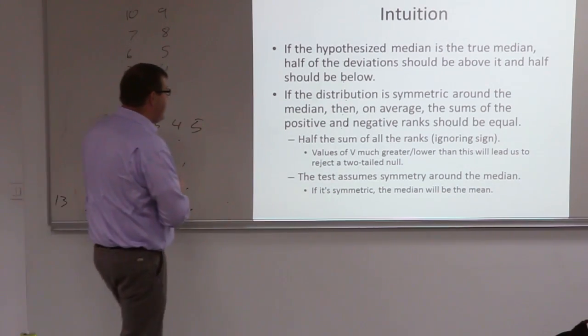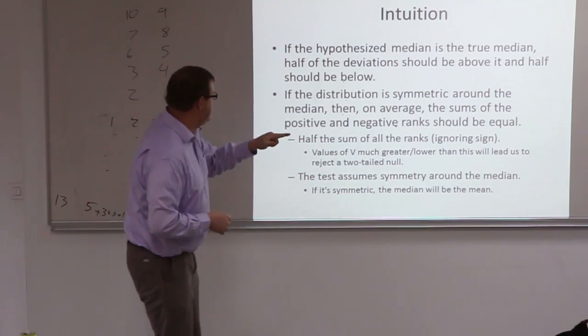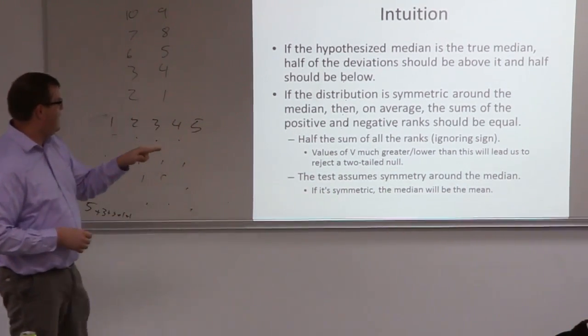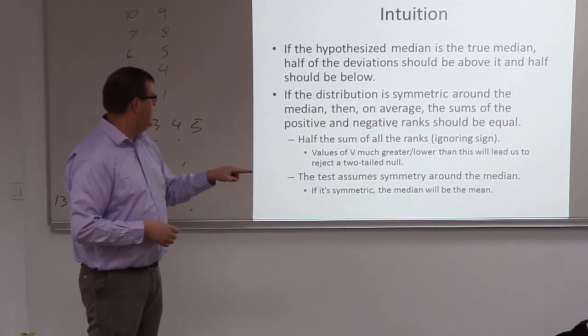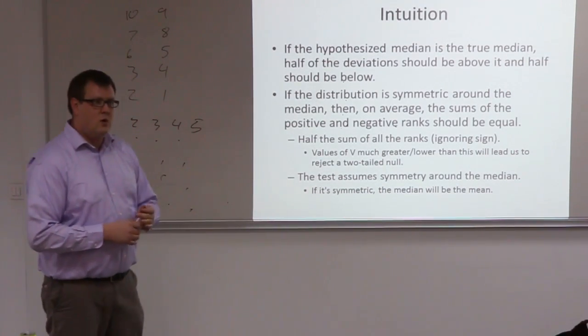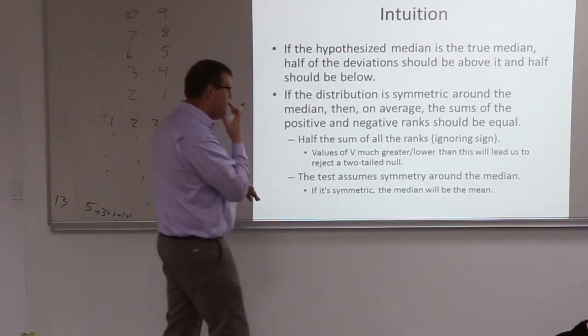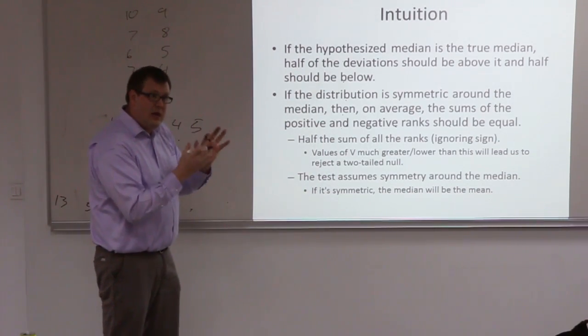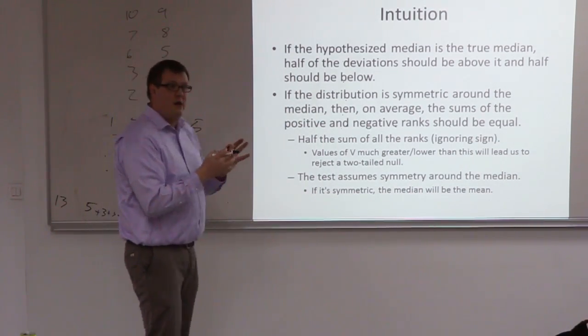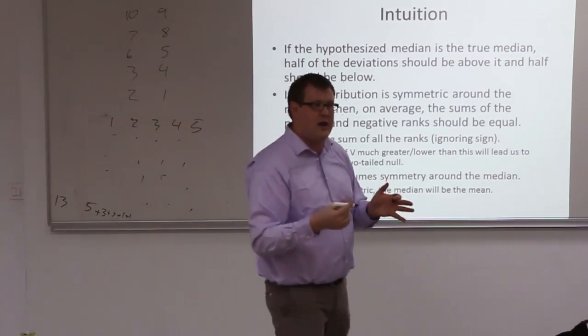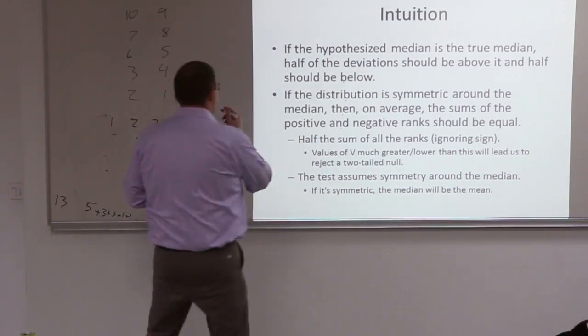If the distribution is symmetric around the median, then on average, the sums of the positive and negative ranks should be equal. So again, it's related to half of the sum of all the ranks. So, the sum of 1 to 10.